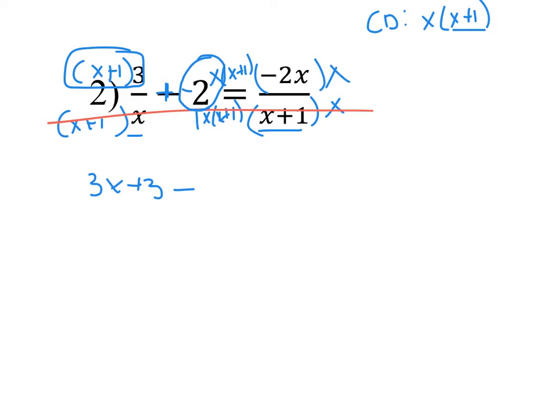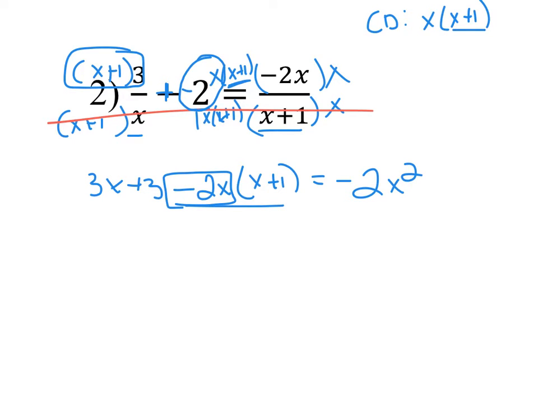So that negative 2x, when we multiply that together, is negative 2x. And then we have to multiply it times the x plus 1. Okay, and then the top down over here is negative 2x squared. So this is the more confusing part of that problem. You just have to remember you take the negative, the 2, and the x, and distribute that through. Okay, just to be clear on that, I hope.